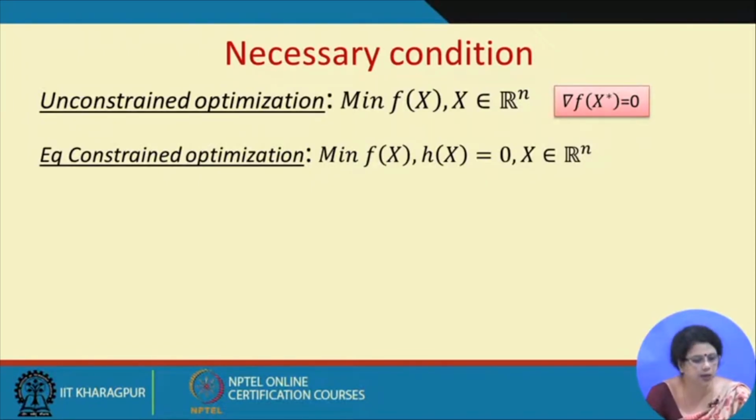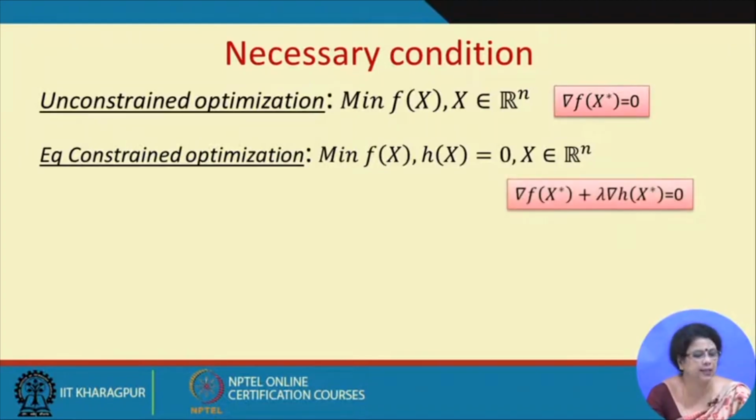I explained in the last class the Lagrangian function by considering the Lagrangian parameter. If we go for the necessary condition, then it is grad f plus the Lagrangian multiplier lambda into grad of h(x star) equal to 0.